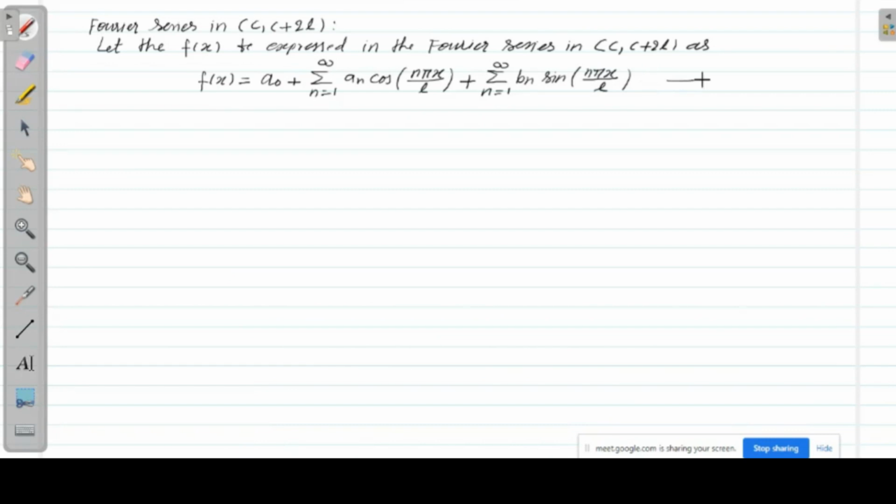Name this equation number star, where a naught, a n, and b n are Fourier coefficients to be determined.